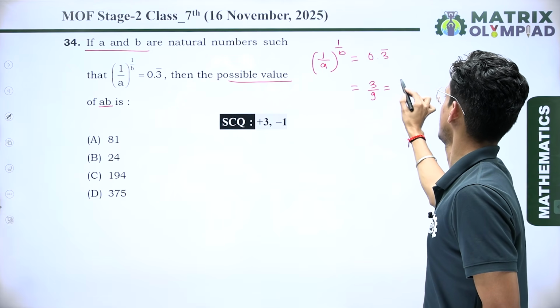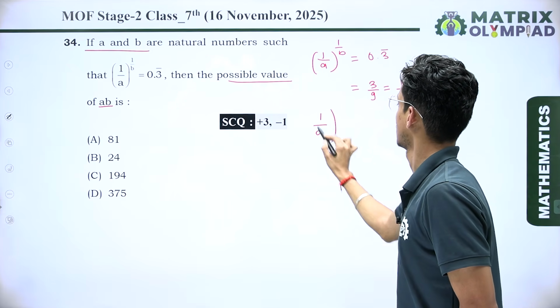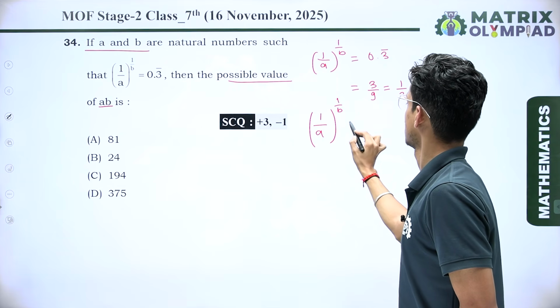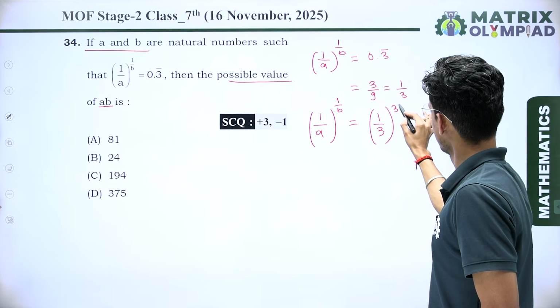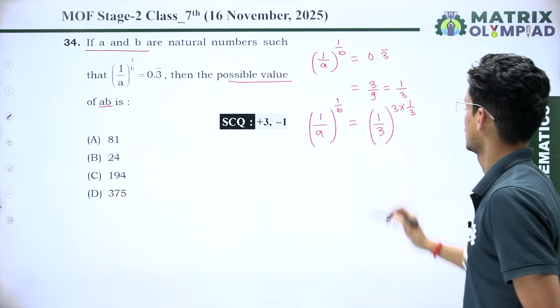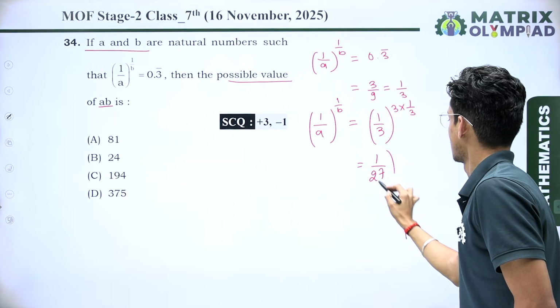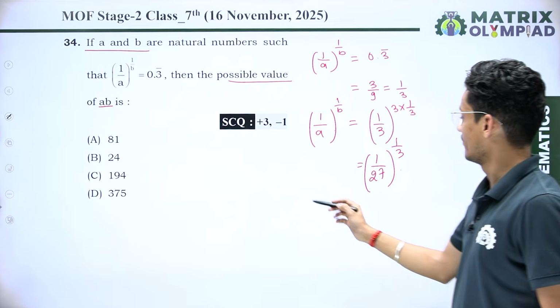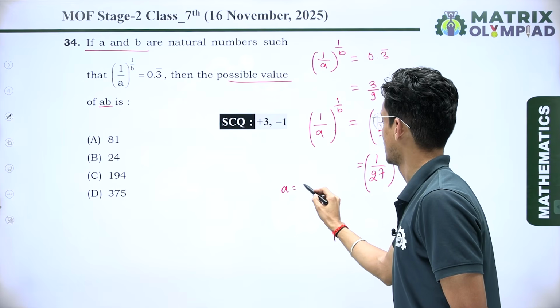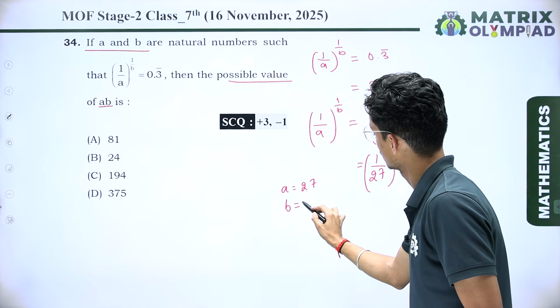When we simplify it, we get 1 upon 3. So 1 by A raised to the power 1 upon B is equal to 1 by 3. Here if we multiply by power 3 and divide by 3, I can write 1 upon 27 raised to the power 1 by 3. If we compare this one to this one, then the value of A is 27, and the value of B is 3.